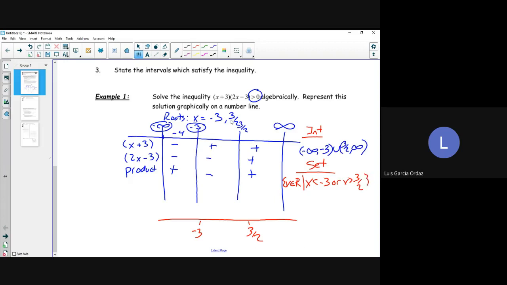Okay. So when we're making this on a number line, are we going to have a closed point or an open point? Open. So open at 3 over 2, and it's going to go to the right of it. And open at negative 3, and it's going to go to the left. Okay? So obviously this is a pretty easy example because it was already factored and we didn't have to use synthetic division or factor theorem yet.